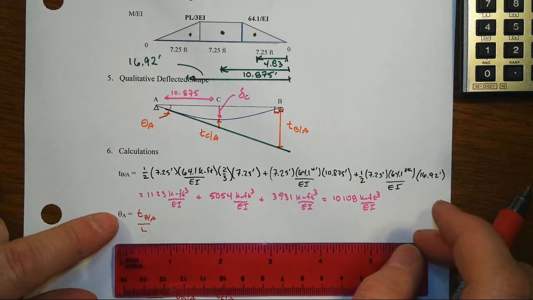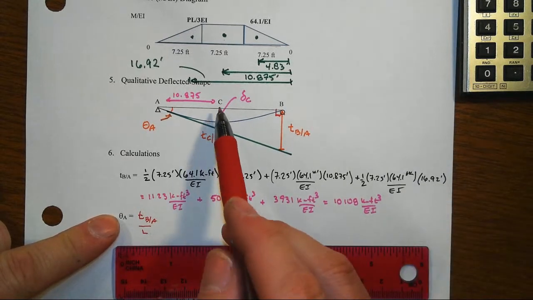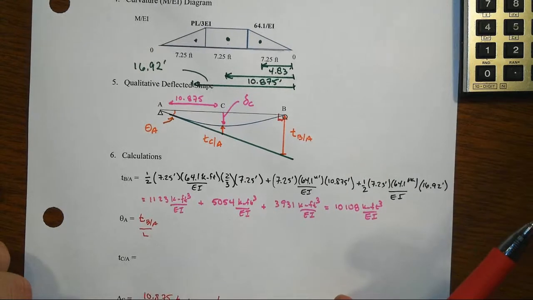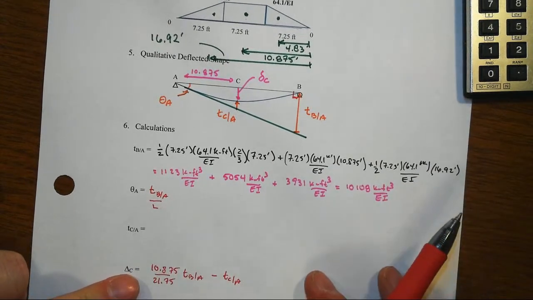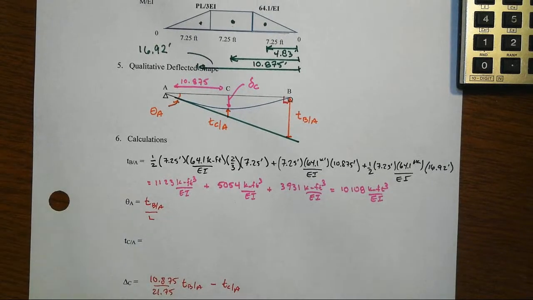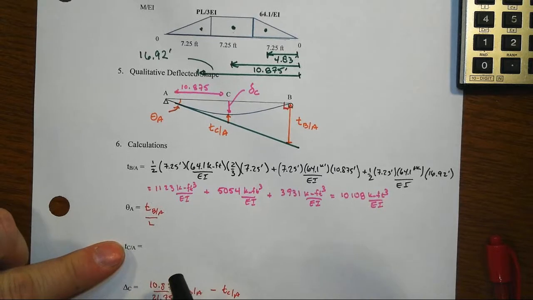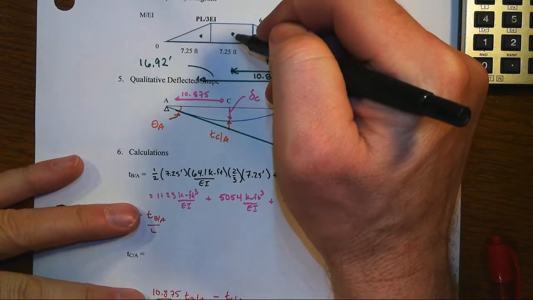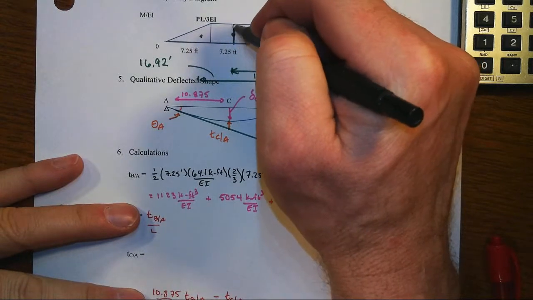Now we don't really need the theta A here because we just used it to set up this proportionality that we're showing down here, but that will turn out to be just 1/2. So we'll get to that. The other piece we need is TCA. Now the TCA is going to be a different area that we're working with. C is in the middle.